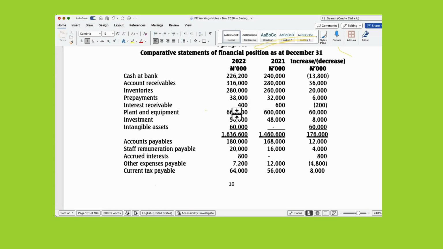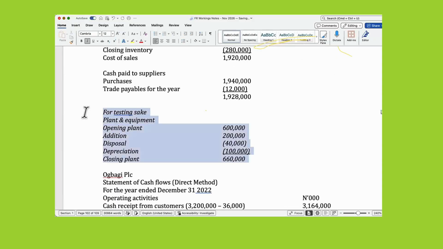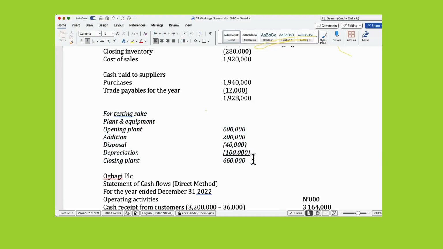It is. Exactly. So this is why I said this is not necessary. The guy has given me the addition and the disposal, so I really do not have to go through this movement anymore. Because all I need that goes to cash flow is this addition and the sales proceeds, which I've treated. So this is really not necessary. Okay.